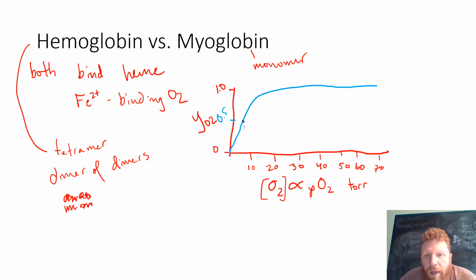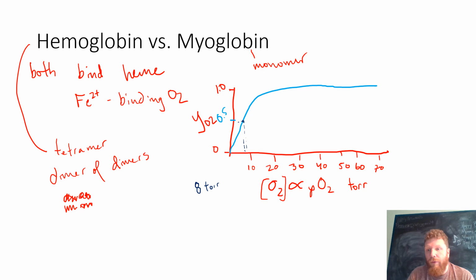So we dot that down, and let's say that's about 8 torr. So what that tells you is you need an environment that has a concentration of 8 torr in order for myoglobin to reach 50% saturation.